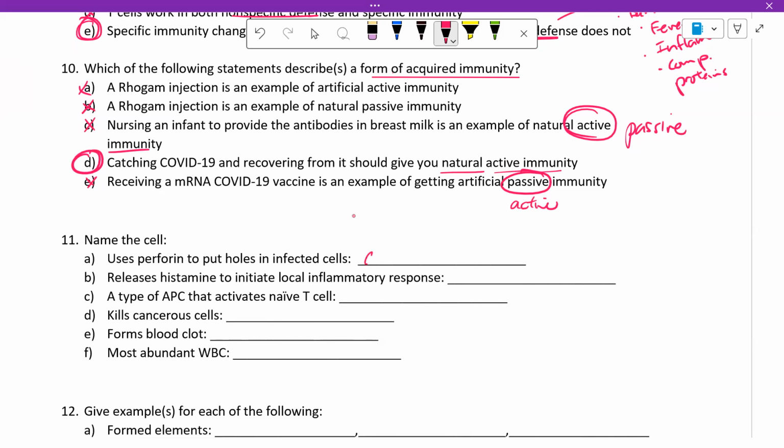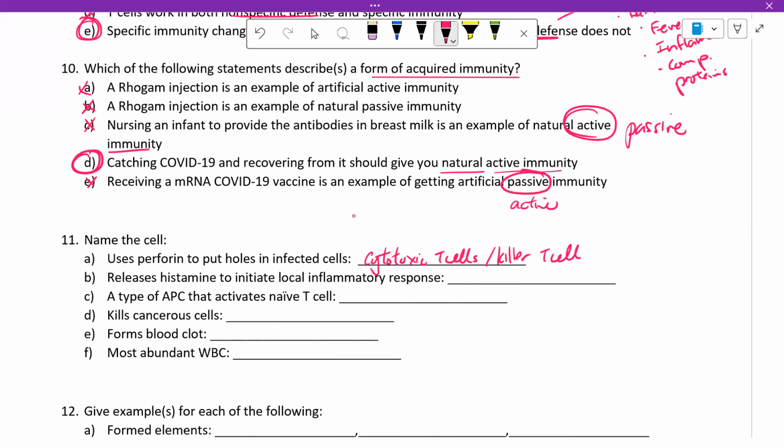So that is the cytotoxic T cell. Could that be complement protein as well? Name the cell though, right? Complements are not cells. Protein is not a cell. A cell is alive on its own, right? Proteins are not.